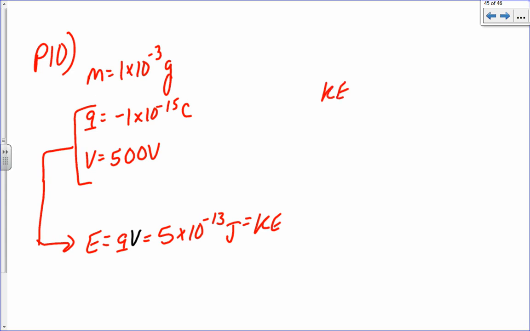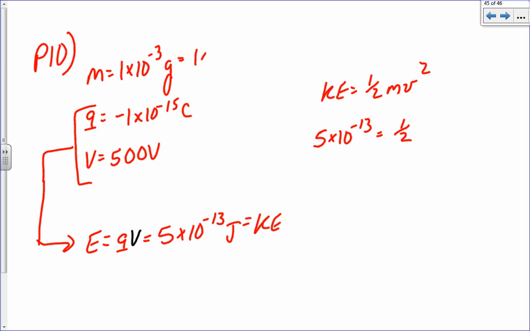And kinetic energy is 1/2 mv squared. This is on your equation sheet. It's in a previous chapter, these energy and power and all that. I want to know the velocity. I'll write it out longhand. So it's 5 times 10 to the minus 13. Actually, we need to convert this into kilograms.